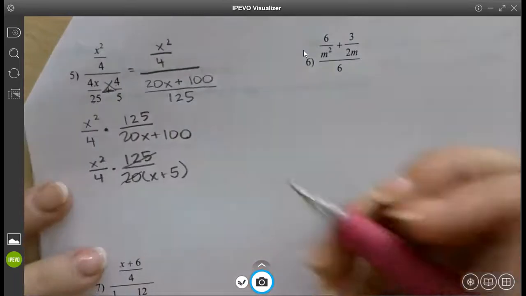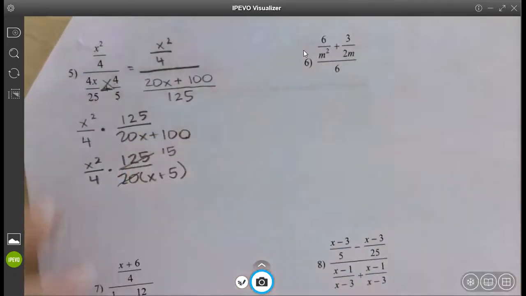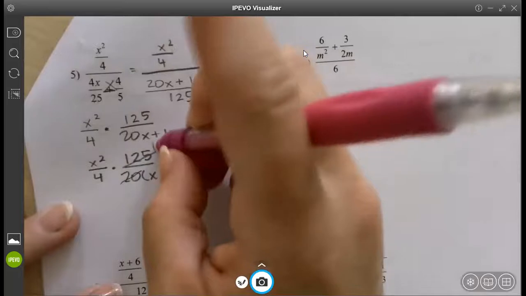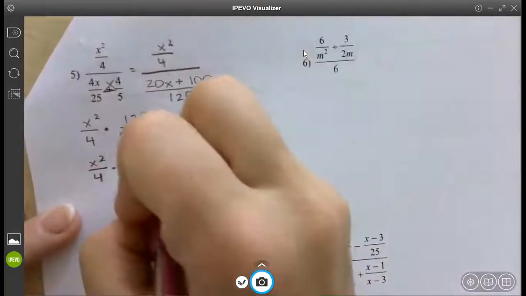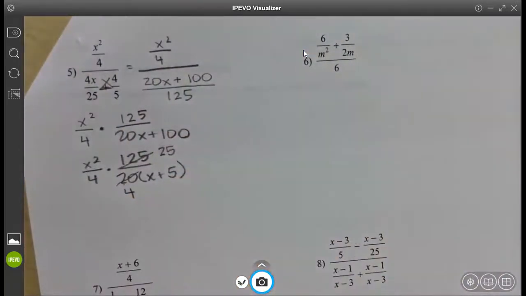So 125 divided by 5. Sorry, 25. I was doing it by 20. And then your 20 divided by 5 is 4. And there's nothing else that will reduce.